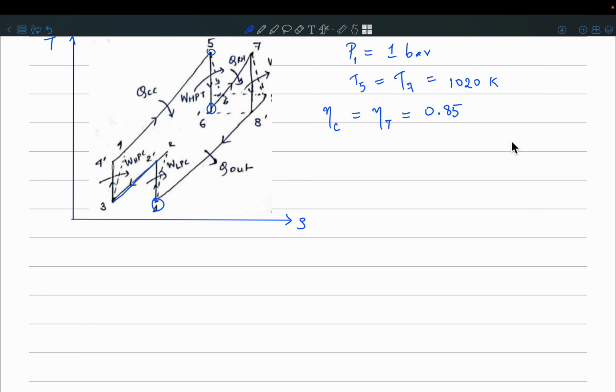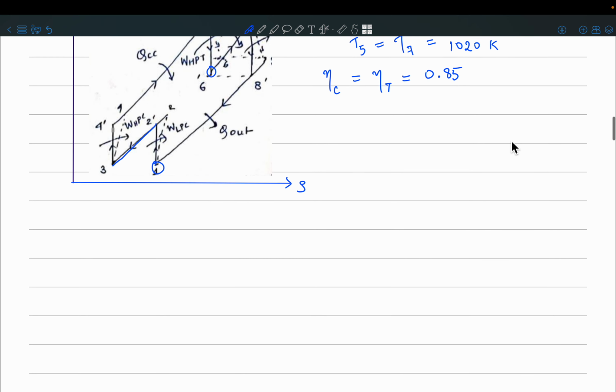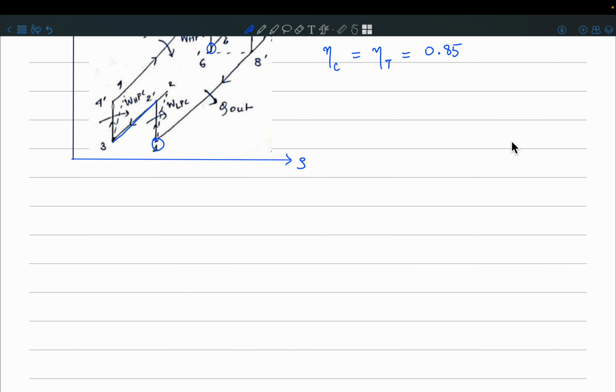Okay, so let's start with what happens in stage 1 to 2. Assuming an ideal situation, we can use the isentropic relations or adiabatic relations. That is, we know that P2 by P1 is equal to T2 by T1 to the power gamma by gamma minus 1.